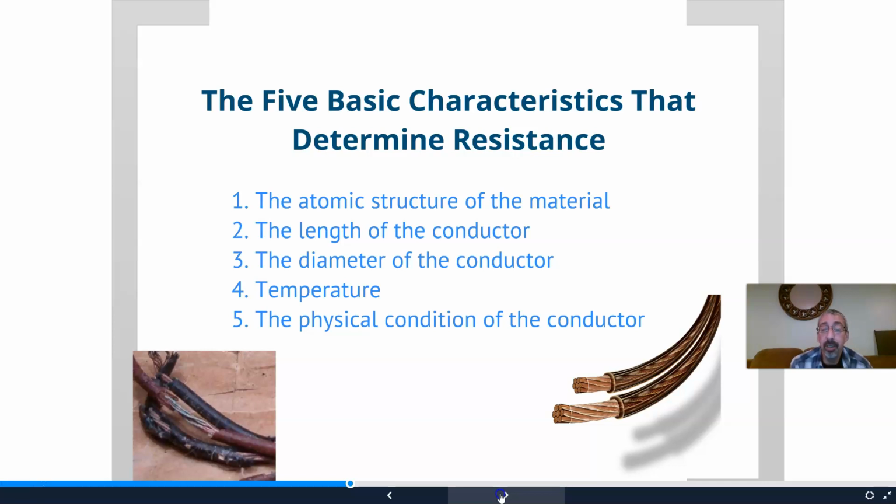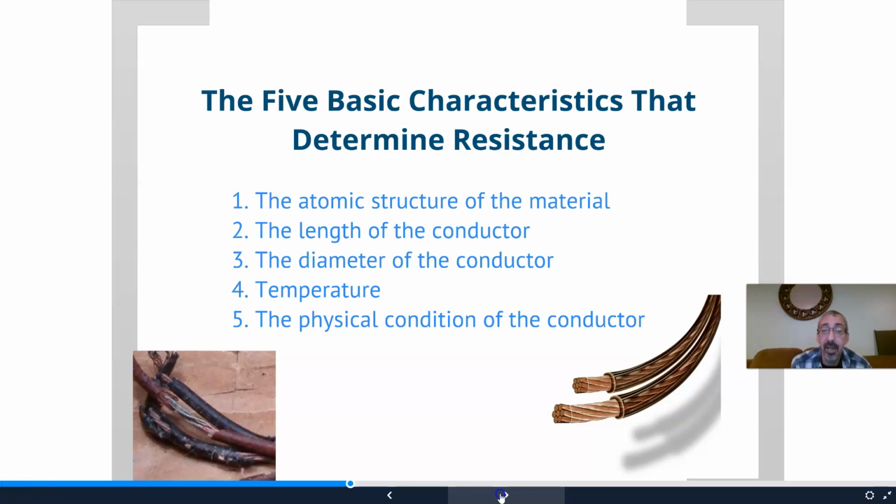The length of a conductor, okay, how long something is. Well, when we have wire, if we're going to go so far, let's say I wanted to go 100 feet. Obviously, I would lose as I move through that wire some of my voltage that I was carrying. So I have to take it and make that wire bigger. So the longer we go with a conductor, the higher the resistance gets.